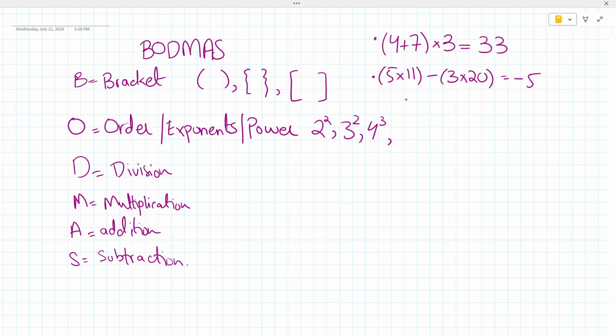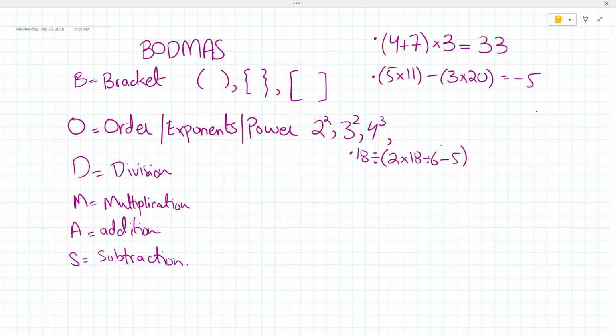Now the next one. These are very easy examples, right? Now I will use the example 18 divided by bracket 2 multiplied by 18 divided by 6 minus 5.